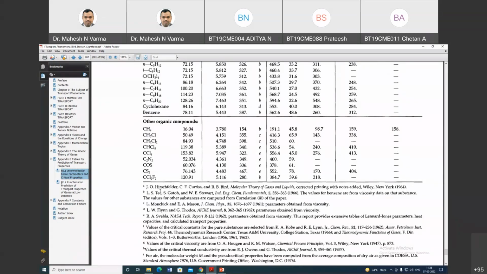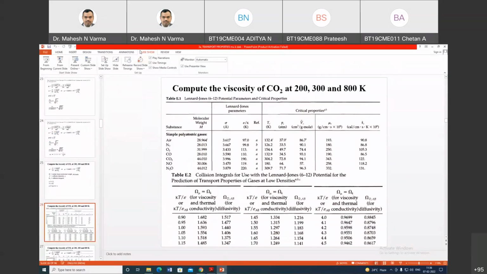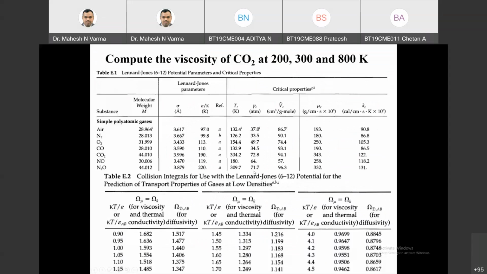Okay, so whether you will be able to solve this problem: compute the viscosity of carbon dioxide at 200 Kelvin, 300 Kelvin, and 800 Kelvin using the Maxwell equation. Just try to solve this problem. Everything is given, all data is given on this slide.